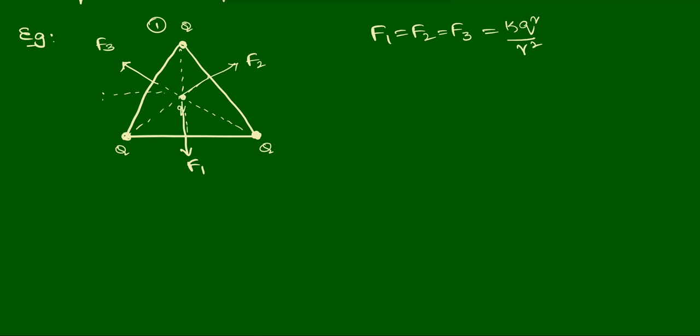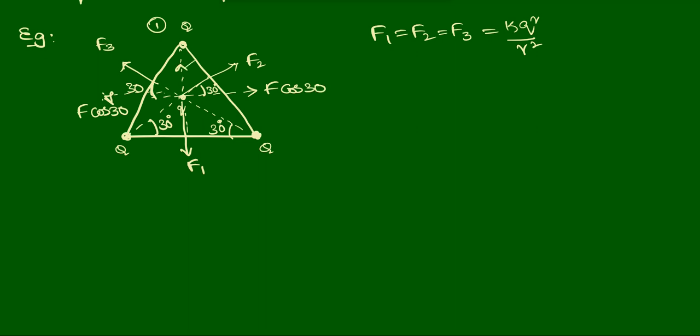If I draw a horizontal line like this, if this angle is 30 degrees, this angle will also be 30 degrees, so that this will be F cos 30, as all are identical, I am assuming that as F. This will also be F cos 30. So the cos components get cancelled.